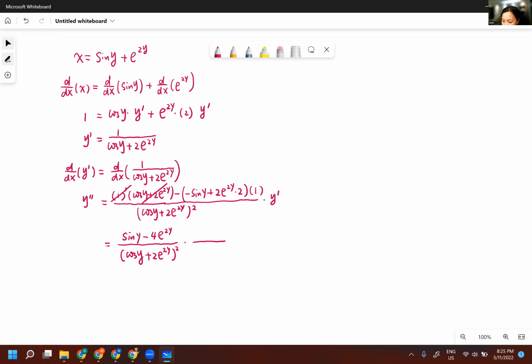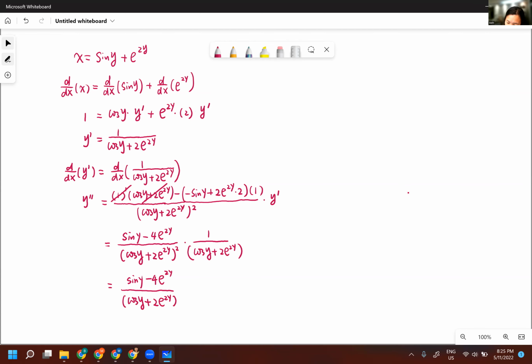And then also copy the answer from y prime. The final answer, sine y minus 4e to y divided by cosine y plus 2e to y cubed.